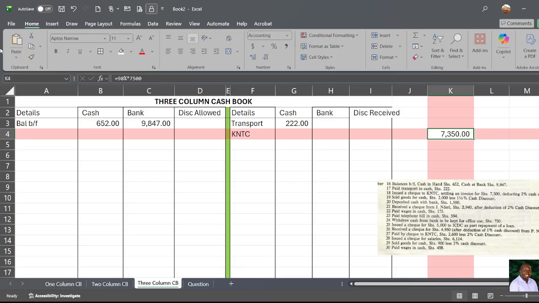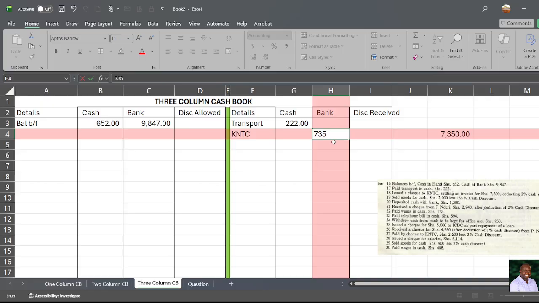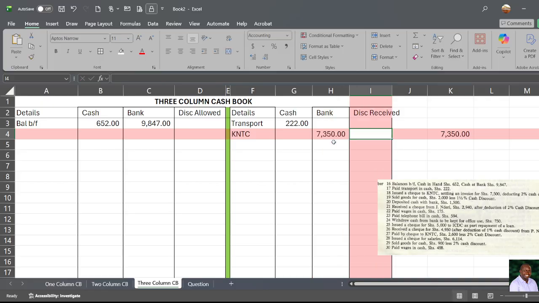So that is what they paid in our bank. Then the difference is what they received as a discount. The difference is 7,500 minus what they paid, so there is a discount received of 150. That is on the 18th.